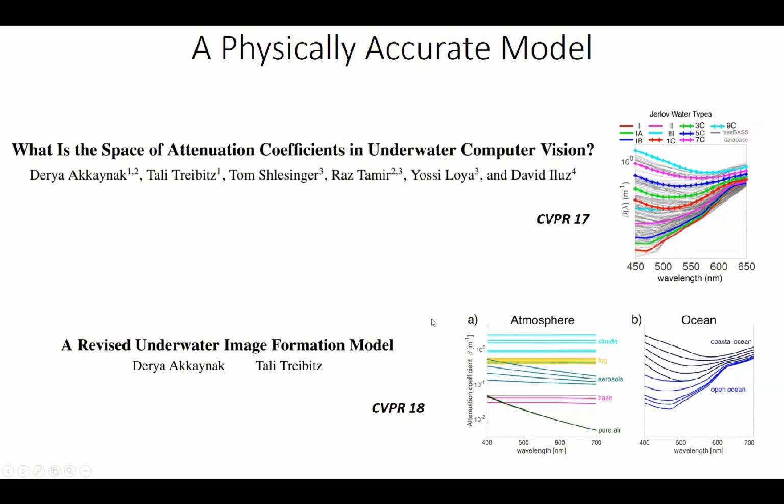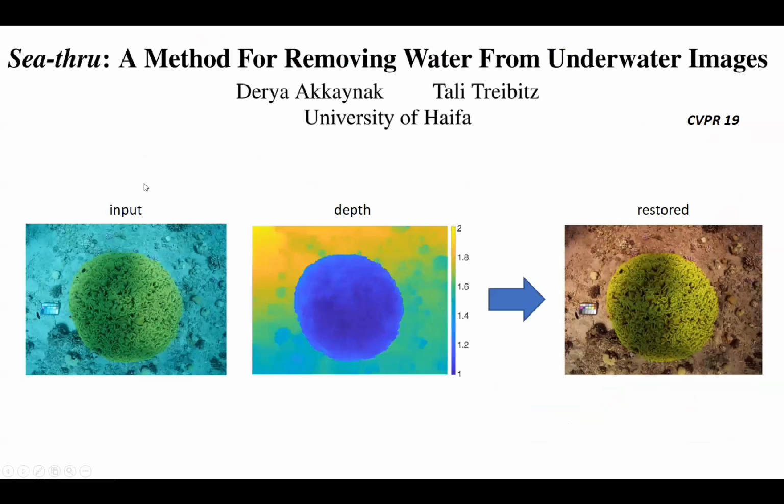And it's important because this Sea-thru method, which is one of the leading ways of restoring an image underwater, and also many other works, including the ones that I'll present today, rely on or are based on this modeling of light underwater.